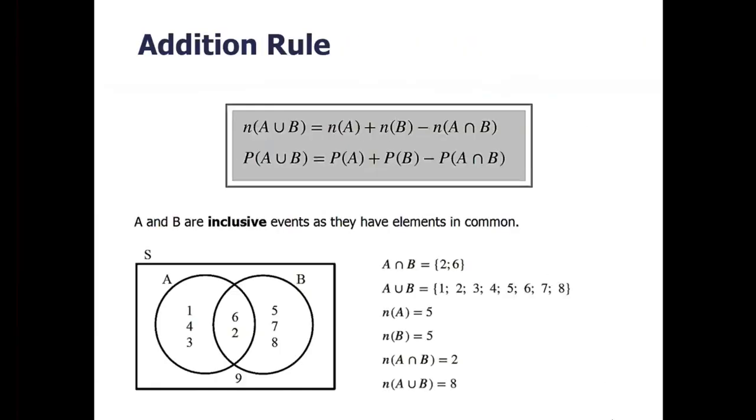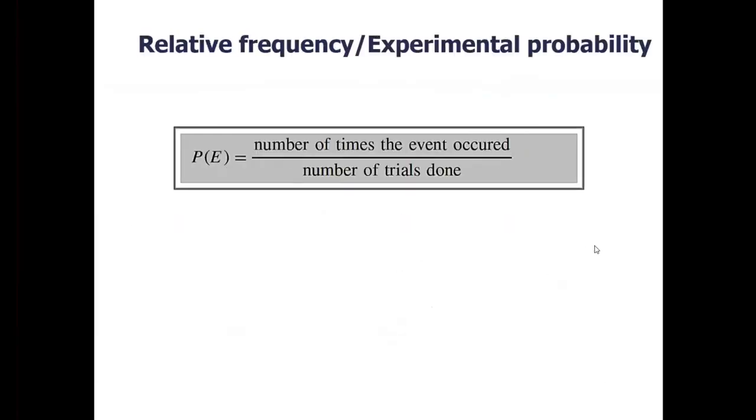Then again, with relative frequency, which is not really very much asked in senior mathematics, we actually work with theoretical probability, not experimental probability. But experimental probability is really just the physical action of doing what you want to experiment with.